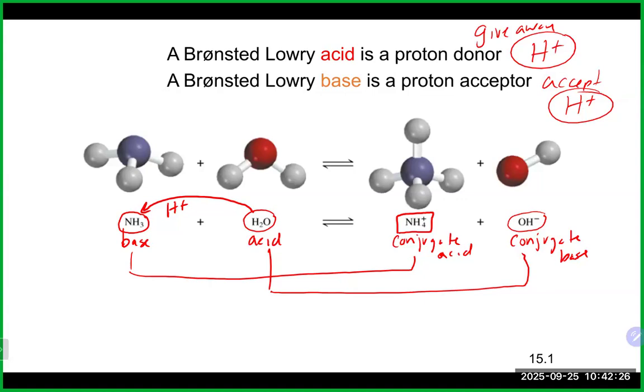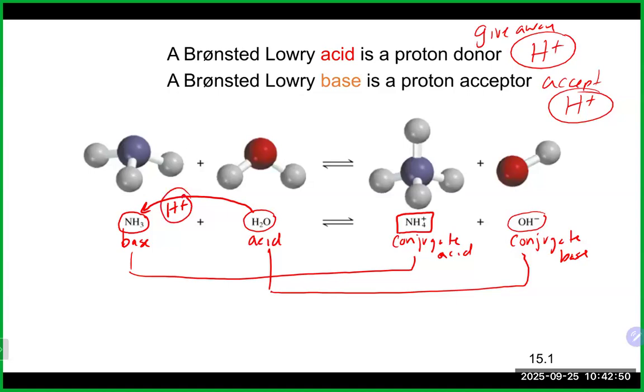So always, for the most part, I would say, your regular old acids and bases are found on the left-hand side of the arrow. Your conjugate partners, the conjugate acid and conjugate base, are found on the right-hand side of the arrow. Now, in order for these things to be related to each other, the absolute only difference that you could have is this guy right here.